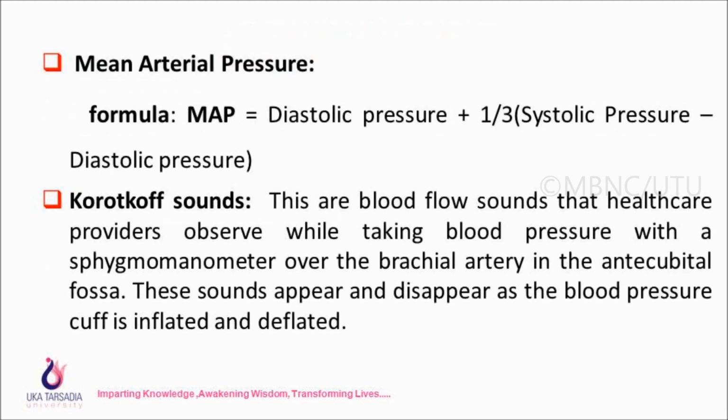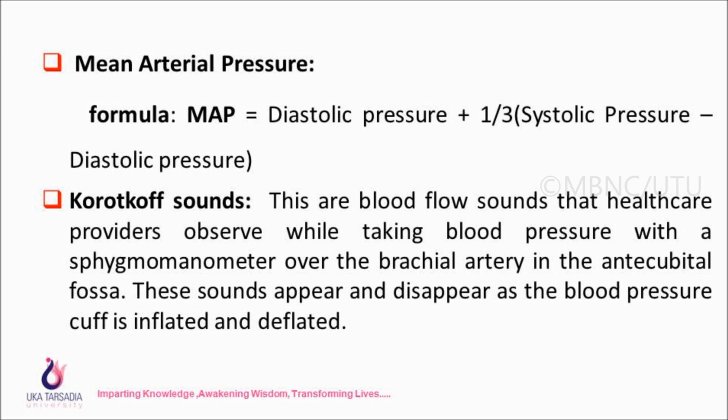Now, mean arterial pressure. The formula of mean arterial pressure is equal to diastolic pressure plus 1/3 of systolic pressure minus diastolic pressure. Next, Korotkoff sounds.